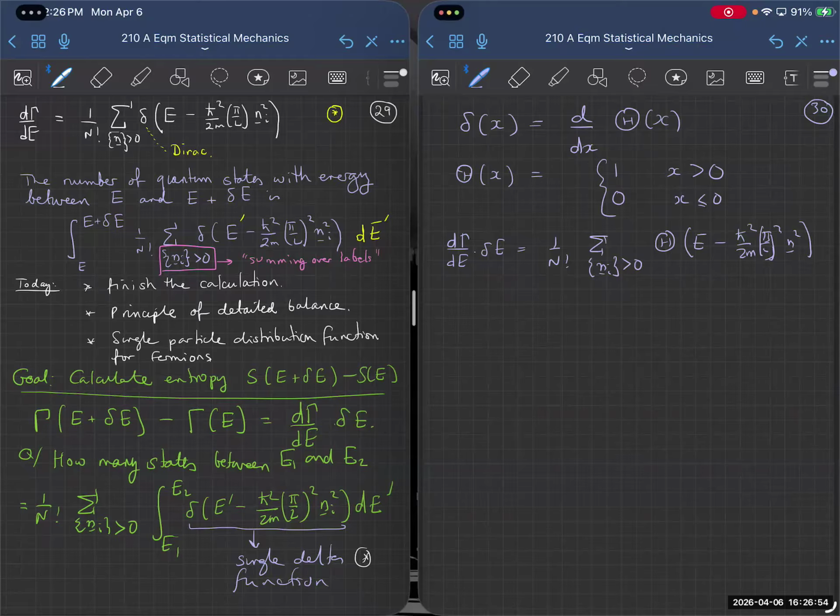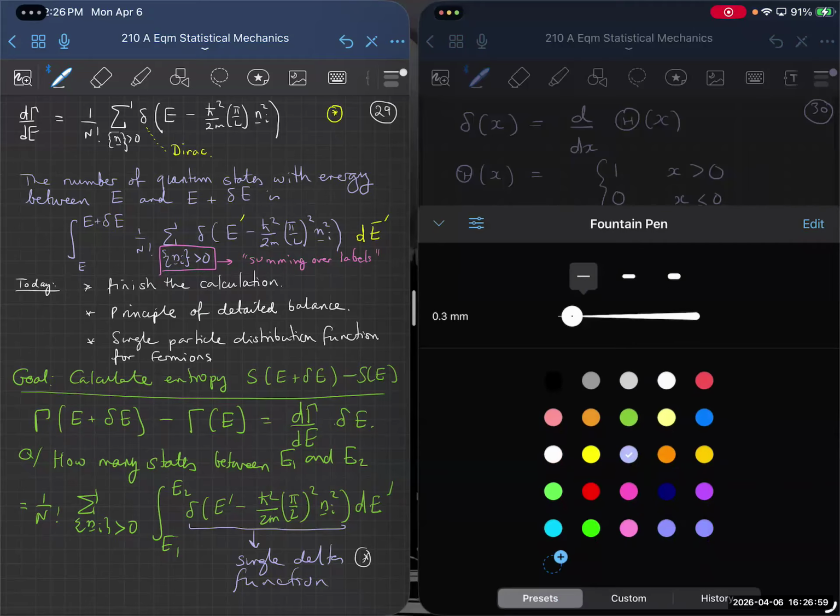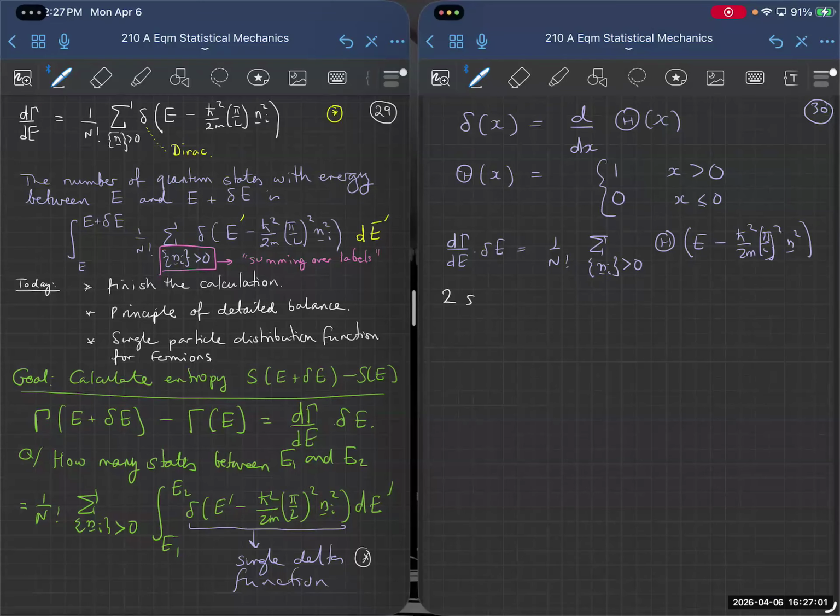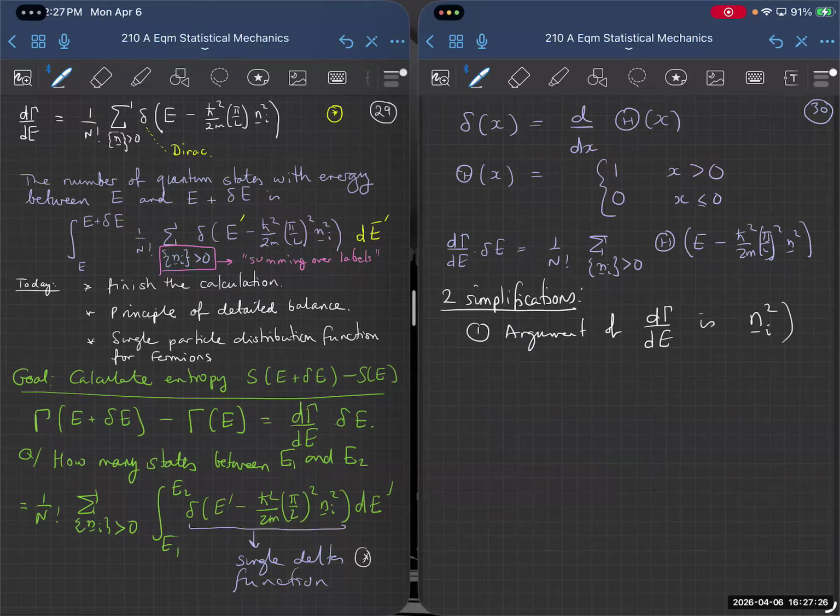Now, let me tell you about two simplifications that I want to show you so we can actually do these integrals, to do these sums. So the first simplification is that you can see that the argument of the density of states in energy, dΓ/dE, is something to do with n_i squared.